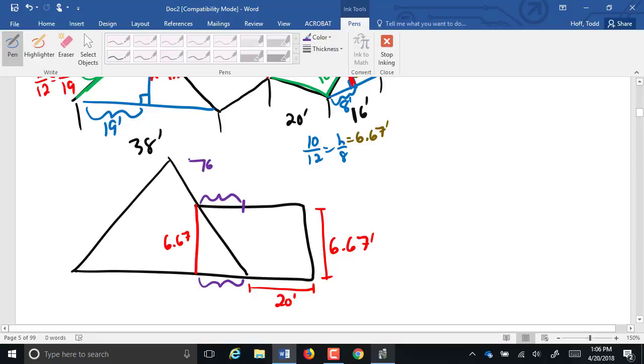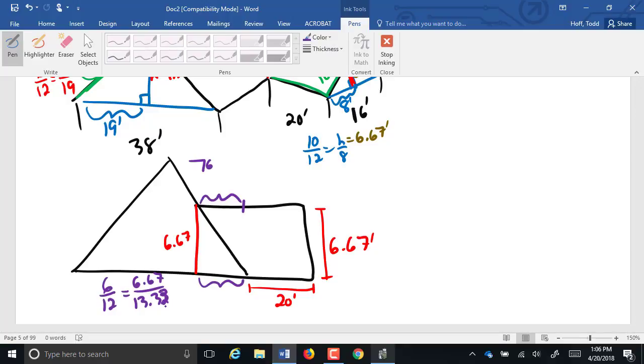That's a 6/12 slope, right? Does that give us 13.32? 33, something like that? 13.33, I believe. Does that look right? 13.34?